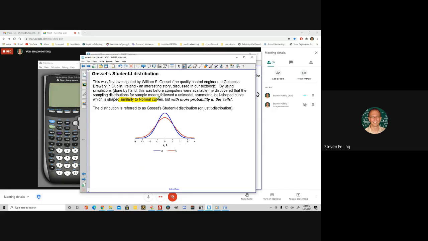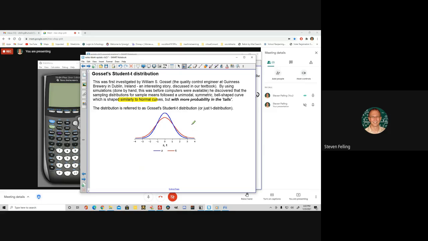This blue curve here is a normal curve, but this red curve represents what happens when you actually look at the sampling distribution model for sample means. He found that there were fewer cases around the middle and more cases at the extremes. There was more probability in the tails of the distribution.